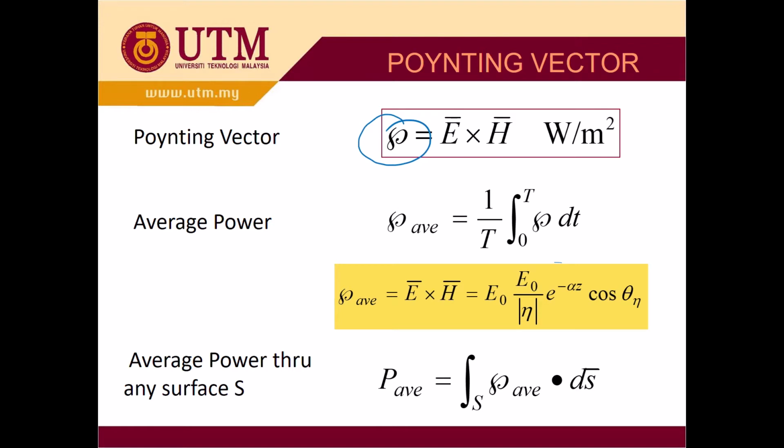And the average power, P average, is equal to 1 over the period T, integration from 0 to T of the Poynting vector with dt. Why do we call this the Poynting vector? Because it points in the same direction as the propagation.